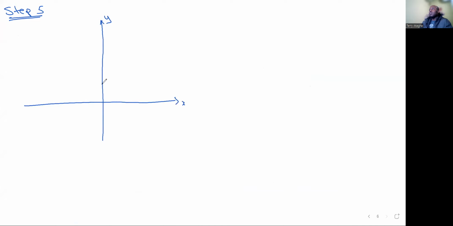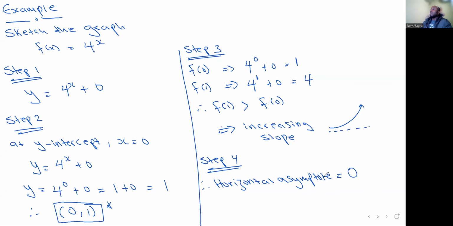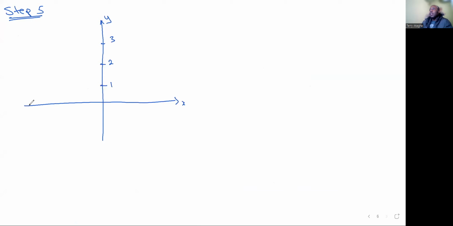Let's say this is 1, this is 2, this is 3. The first thing is that the horizontal asymptote is at 0. So let's draw it. The dotted line is going to be on the x-axis, okay? Because the horizontal asymptote is at 0.